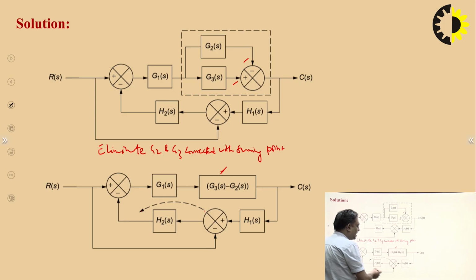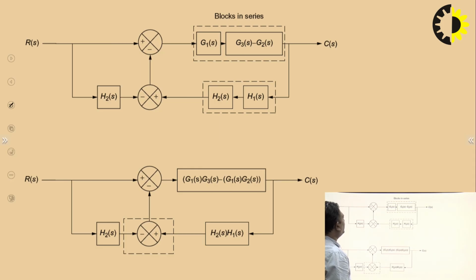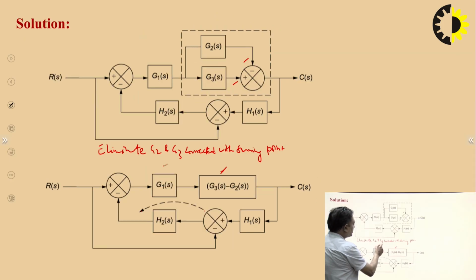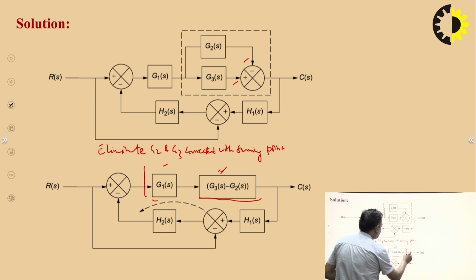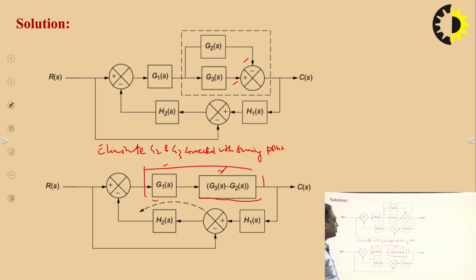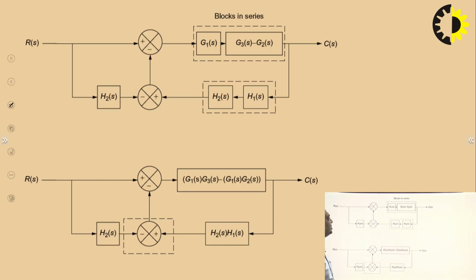The feedback path associated with this block will get multiplied with the transfer function of this block. You can see here, these two blocks are also connected in series or in cascade. So you can also combine them to obtain the overall transfer function. This will come G1s into G3s minus G2s.